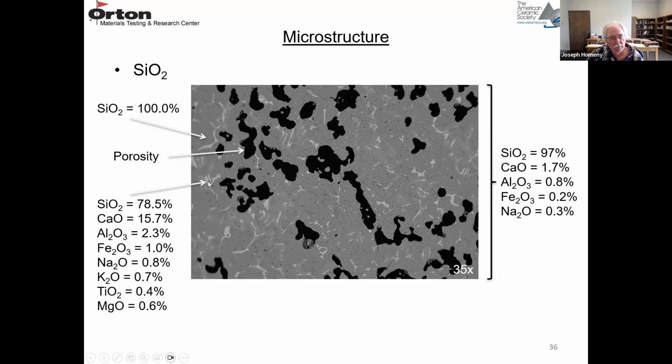So this light gray region was analyzed. It's about 78% silica, and the lime is concentrated there, so it's about 15% lime. And then you have alumina, iron oxide, sodium oxide, potassium oxide, titanium, magnesia. These are the impurities that are concentrated in that region. So that's the glassy phase at high temperature.